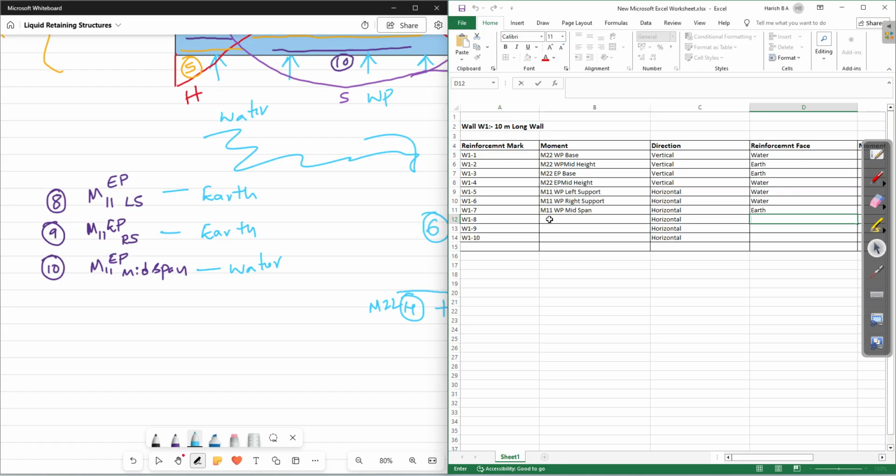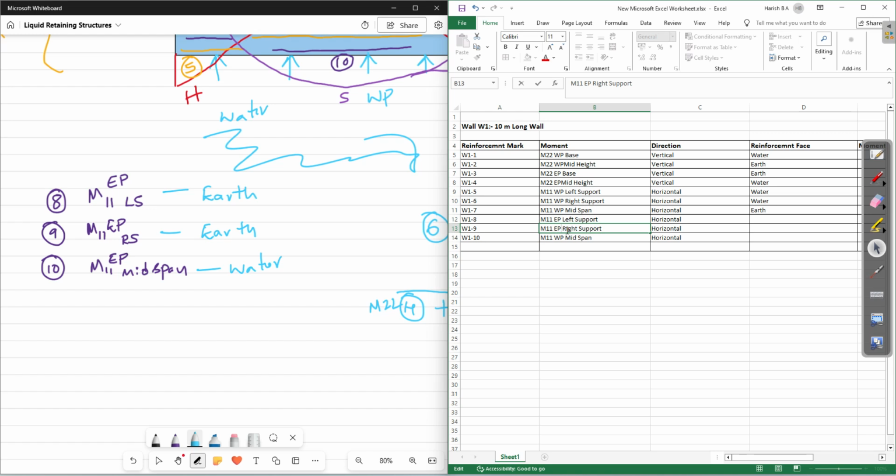Okay, next reinforcement marks 8, 9, 10. So 8 will be M11 earth pressure. So simply I will copy these three and paste here. Instead of water pressure, I have to write earth pressure. So earth pressure EP.